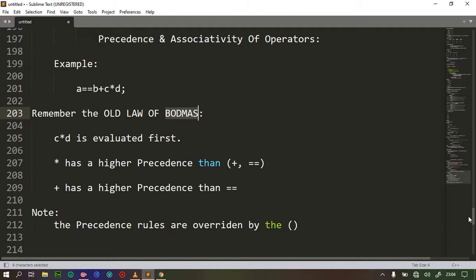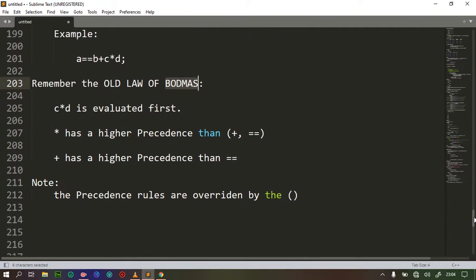Am I making sense? I believe so. So if I told you we had brackets in programming, they are called parentheses, then I'm sure the rules stated up here, which one begins first in evaluation and which one goes next and last, are going to be overridden. Reason being, we shall be having brackets.